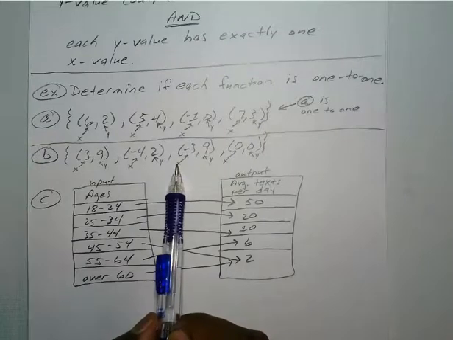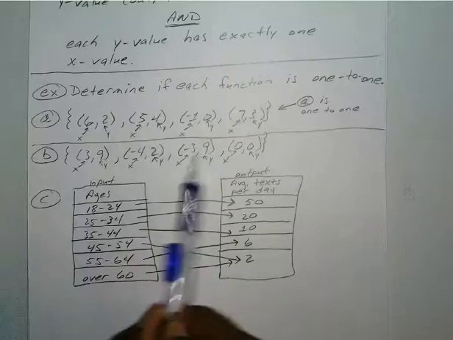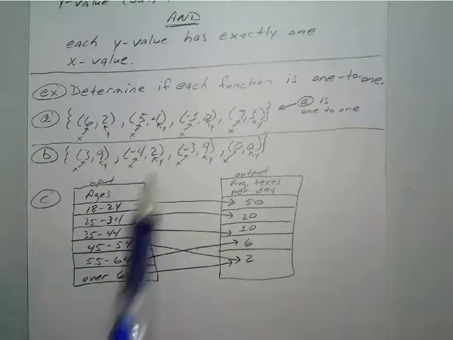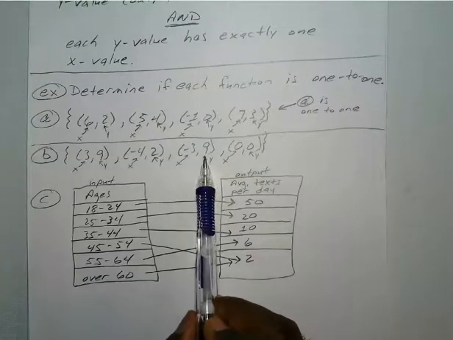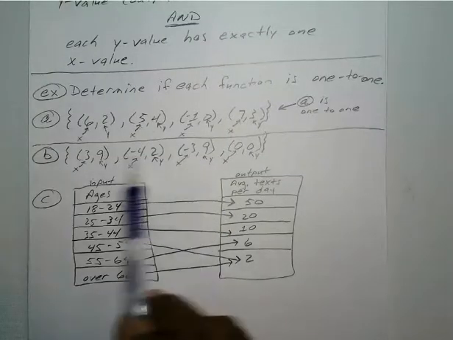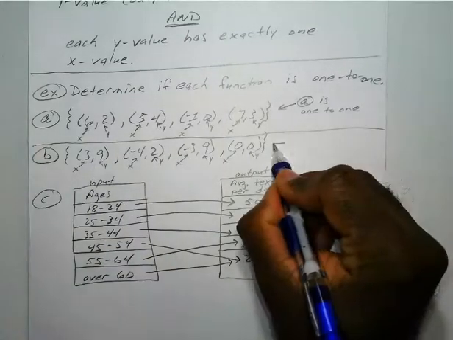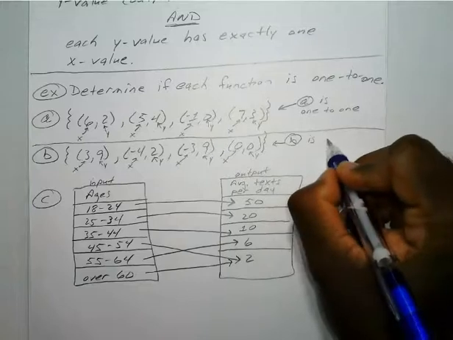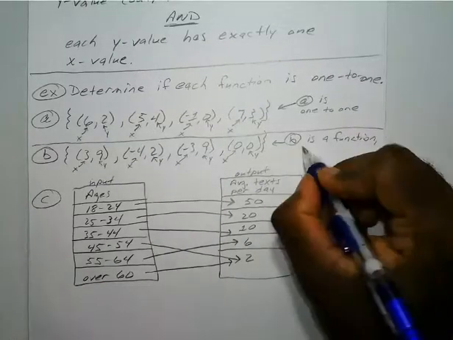Okay, now we see that it's a function because all the x values have one y value. But it's just not a one-to-one function because the y value of 9 has 2 different x values. So it's a function, just not a one-to-one function.